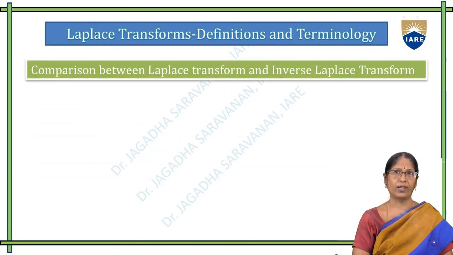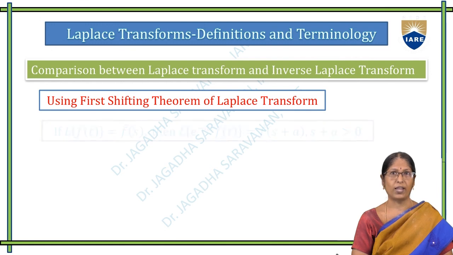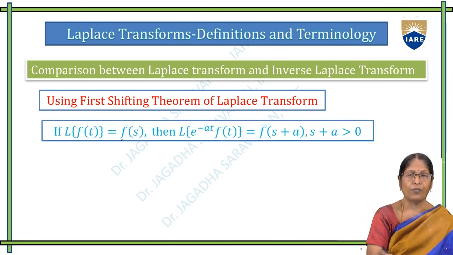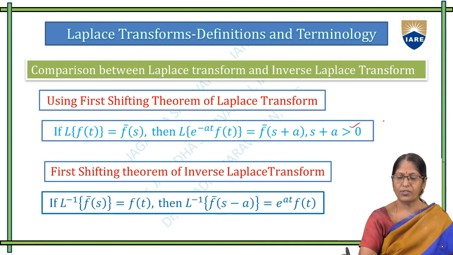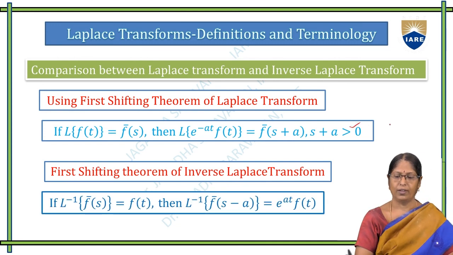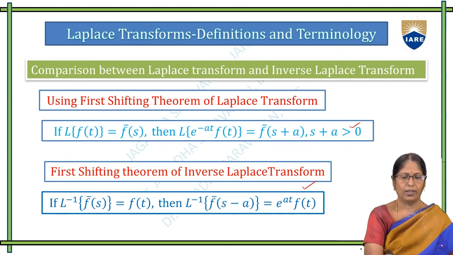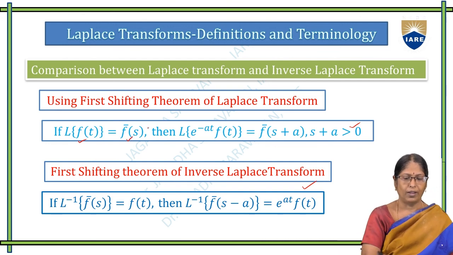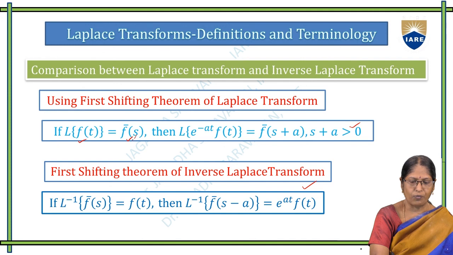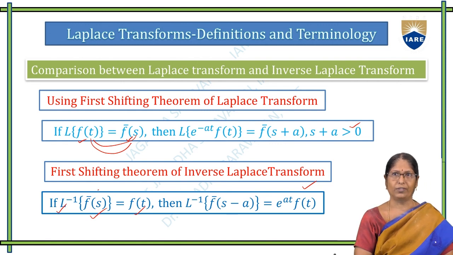One more thing we can discuss, that is the comparison between Laplace and inverse Laplace. L of f of t, we can see it here. This is the first shifting of Laplace. This one is the first shifting of inverse Laplace. L of f of t equal to f bar of s. Next, this f bar of s here, f of t here, L has become L inverse.